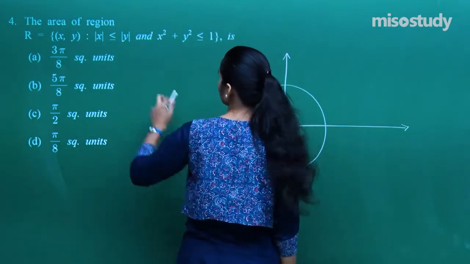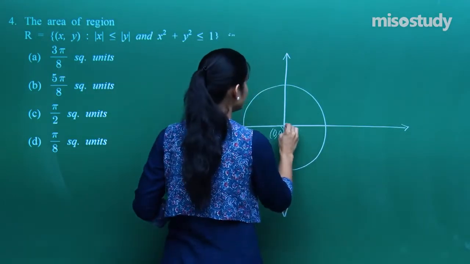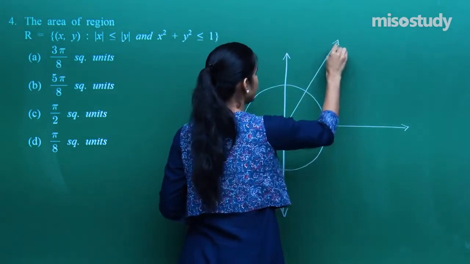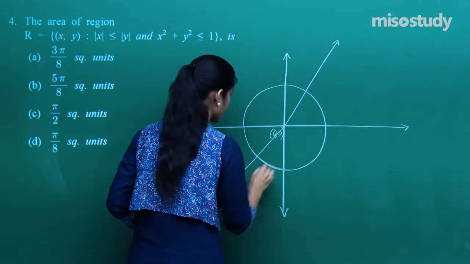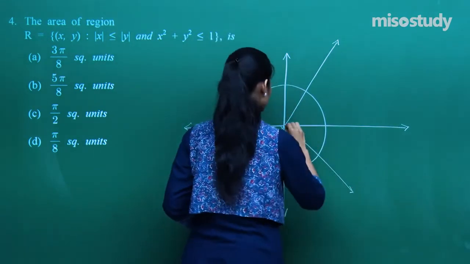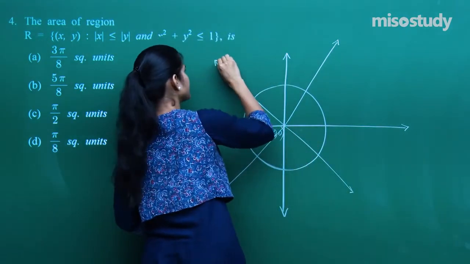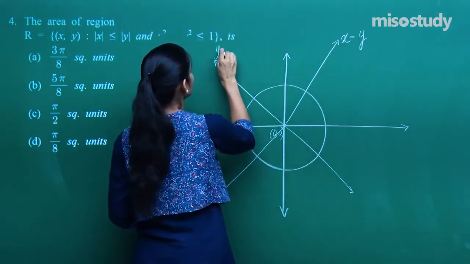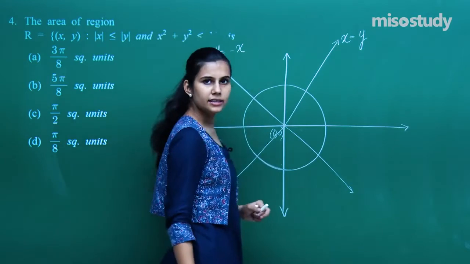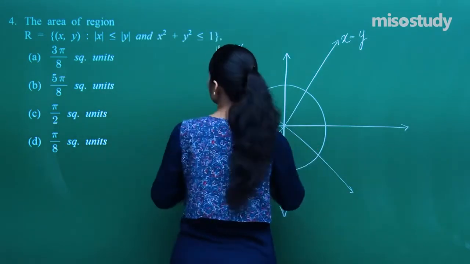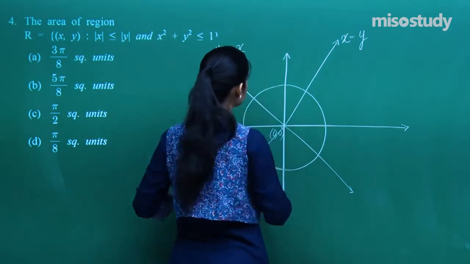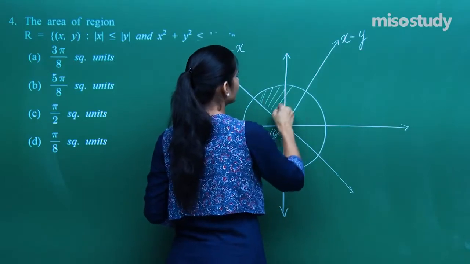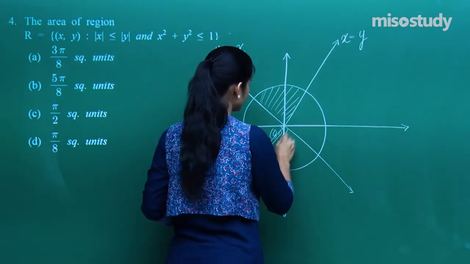And when I'm talking about mod x equal to mod y, it is just x equals y and x equals minus y. So this is x equals y, y equals minus x. So the interior as well as all those (x, y) for which mod x is less than or equal to mod y is actually going to give you this shaded area.